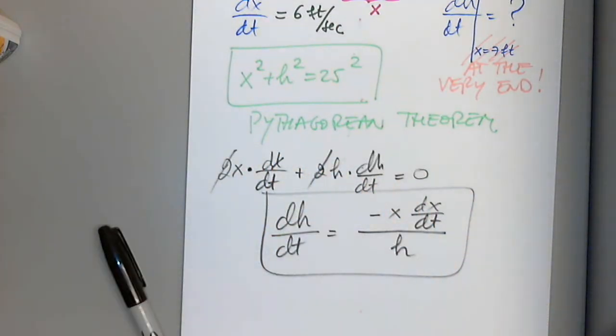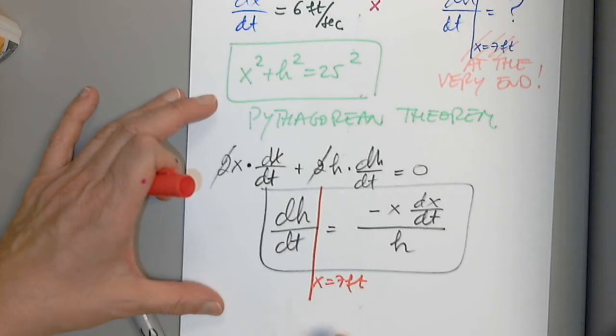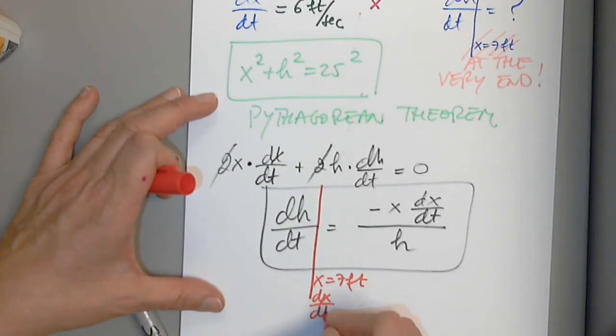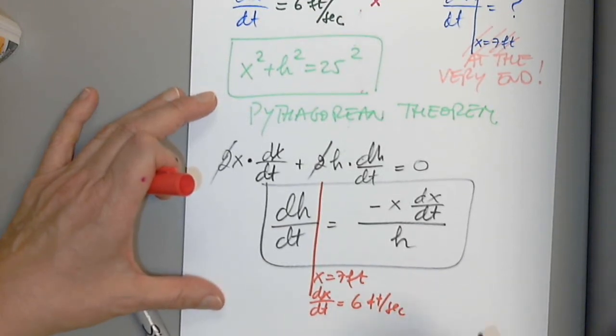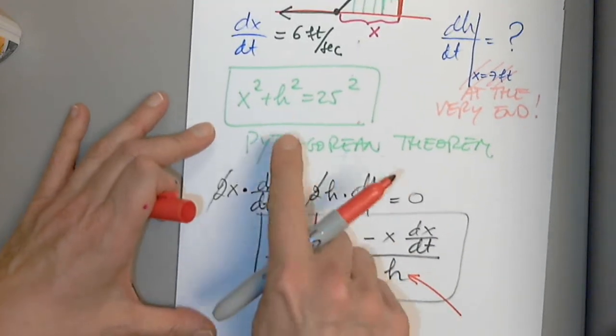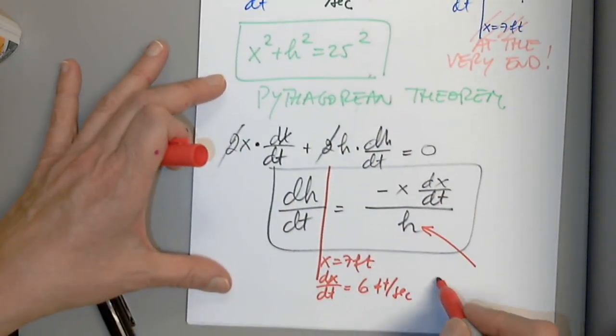And now I have everything I need. When x equals 7 feet, dx over dt is given to us. It's 6 feet per second. The only thing I'm missing is h, but that's not a problem. I will move x squared and take the square root.